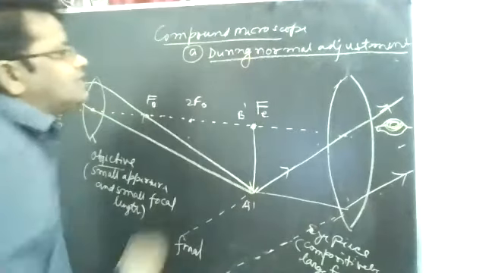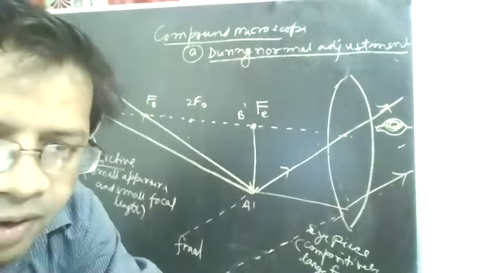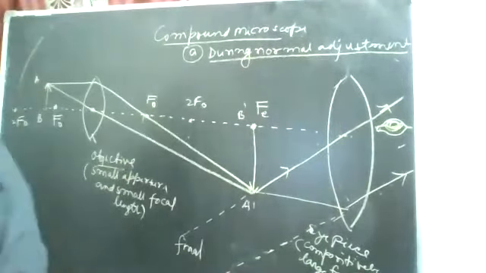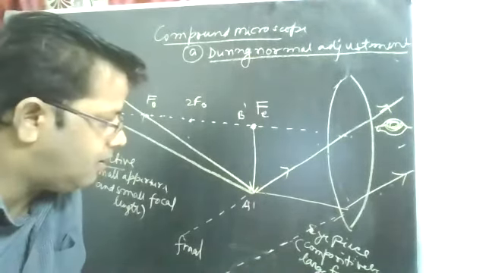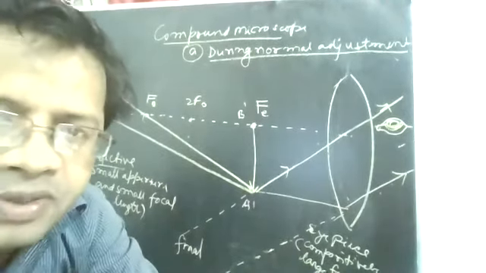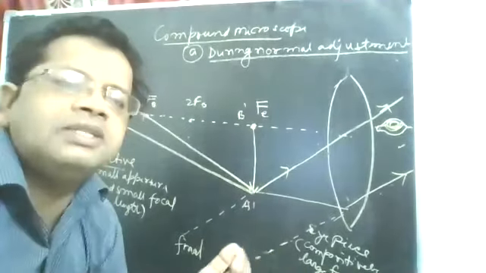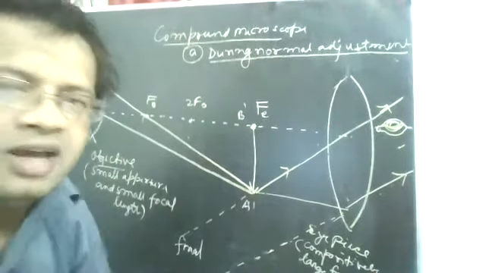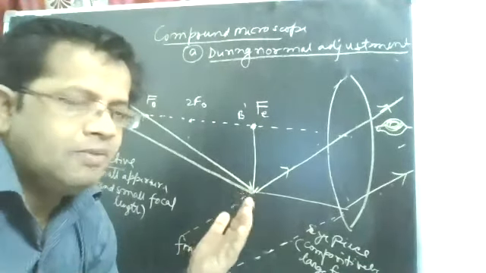We have already discussed that during normal adjustment, our ciliary muscles remain relaxed. When we observe a body near to us, our ciliary muscles become more tense and contracted, so there is more stress on them.